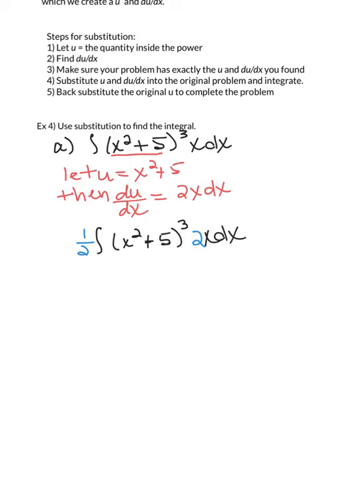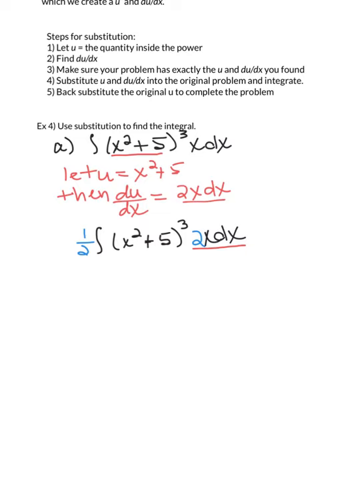The bonus of rewriting it this way is now the 2x dx is exactly what I said my du dx equals. This allows me to do the substitution that I need to do.